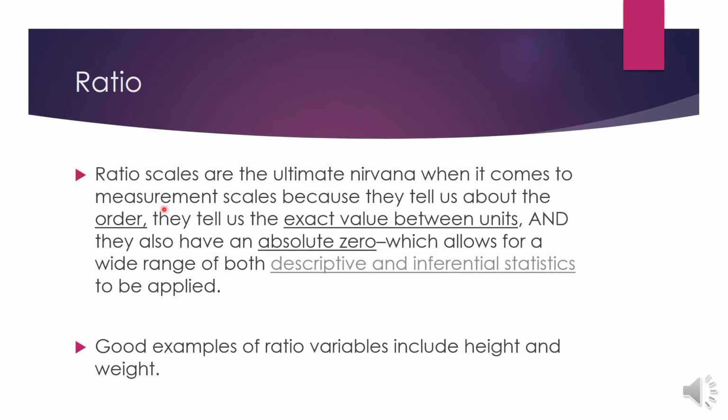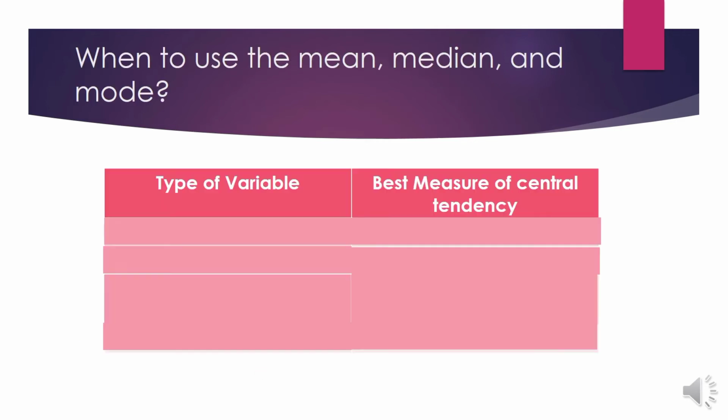So this scale has a true zero. For example, if you are playing and you don't get a score, then that really means that you don't have a score.